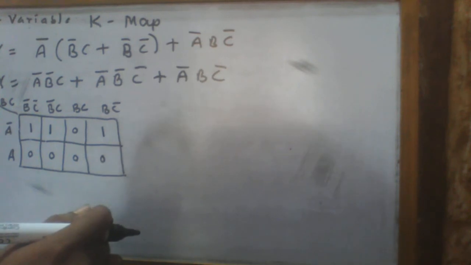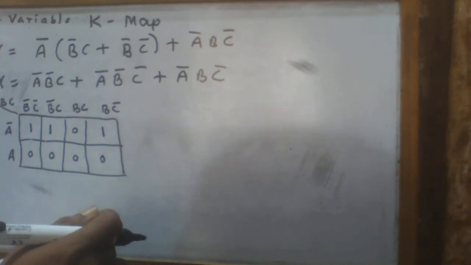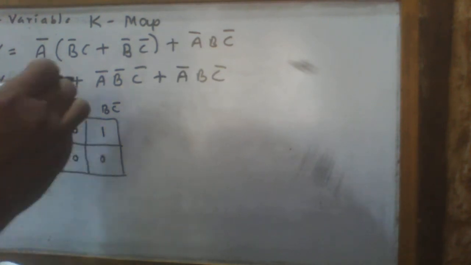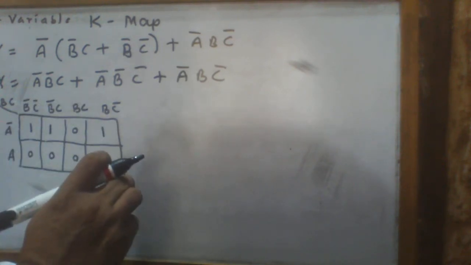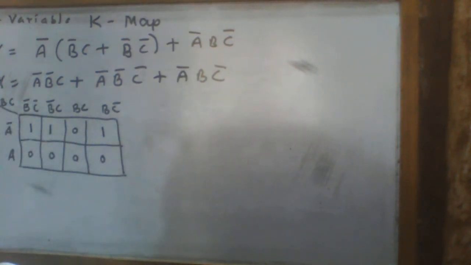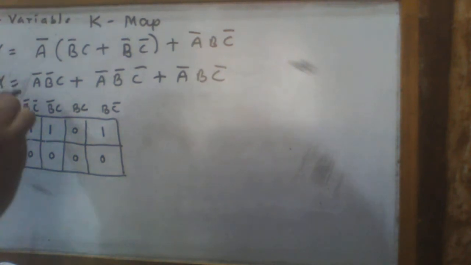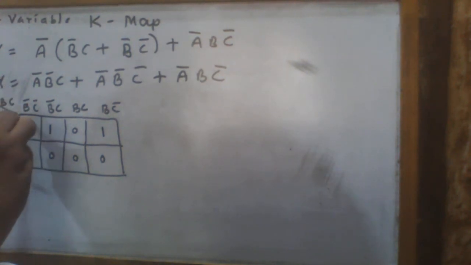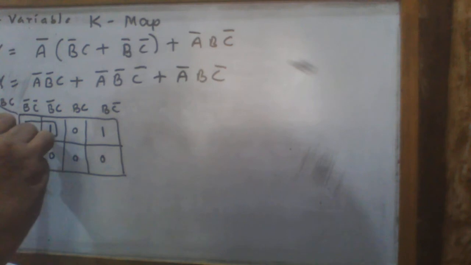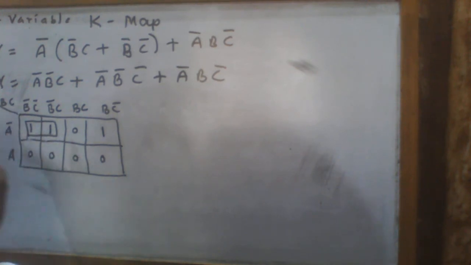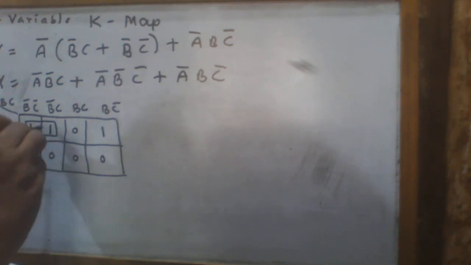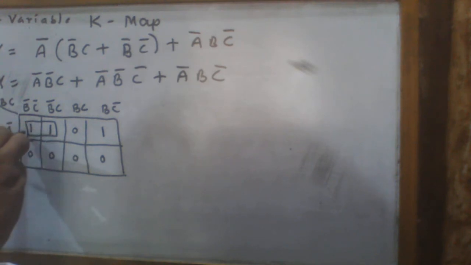Now what I will do here is make groupings of ones. A group of 4 or a group of 8 is not possible in this case, but a group of 2 is possible. This is the first group, and I will write the equation for this group.